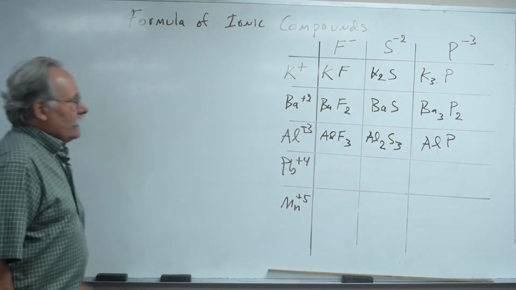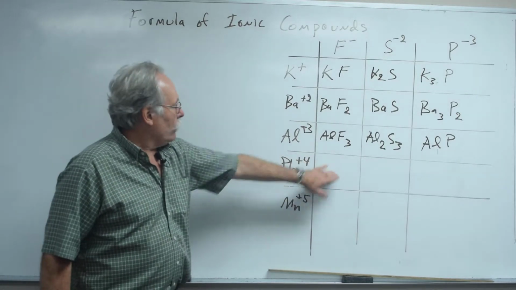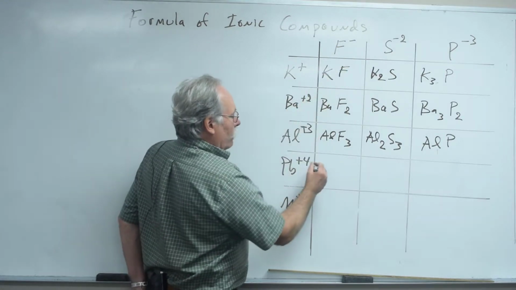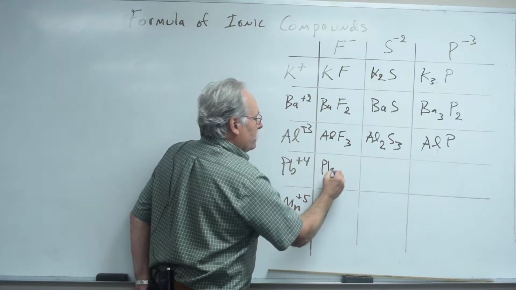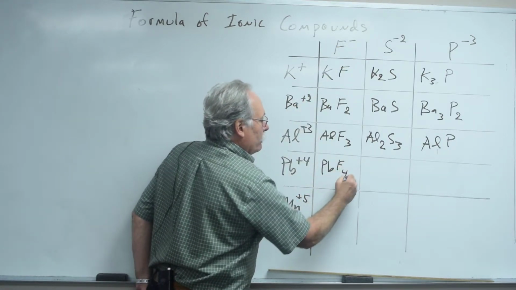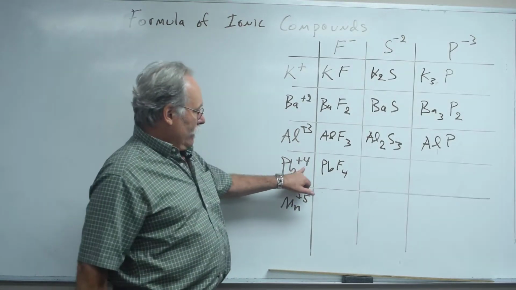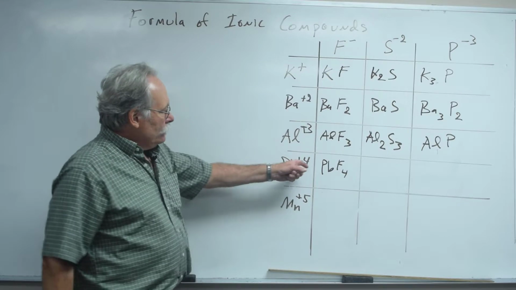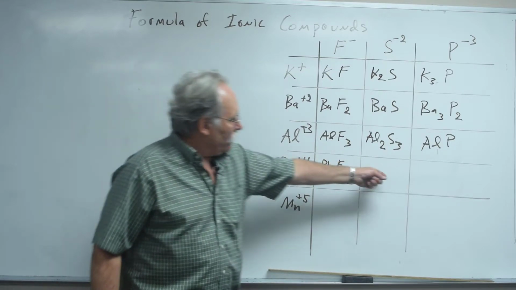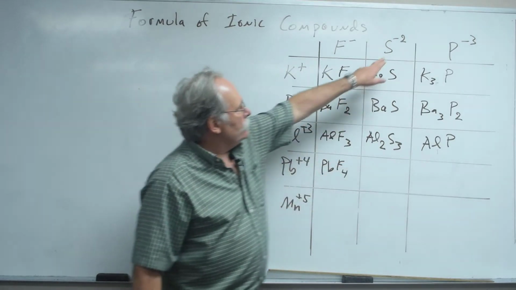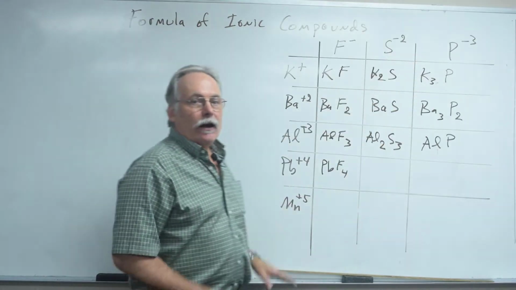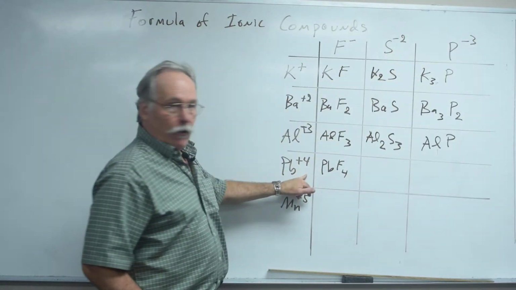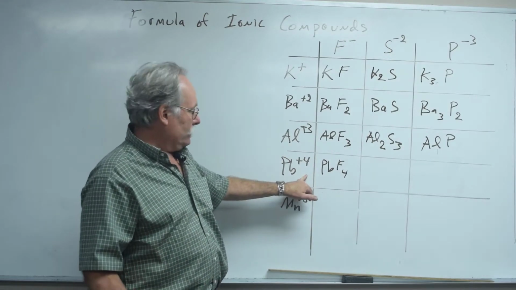Now I come over here to lead fluoride. 4 and 1, so I would have 1 of the leads for every 4 of the fluorides. 1 times +4, plus 4 times -1 is 0. Now if I look at the charge of the lead sulfide, 2 divides into 4 an integer number of times, twice.